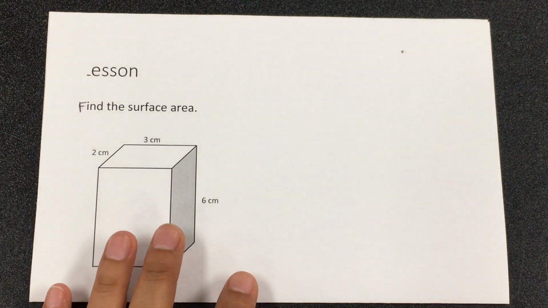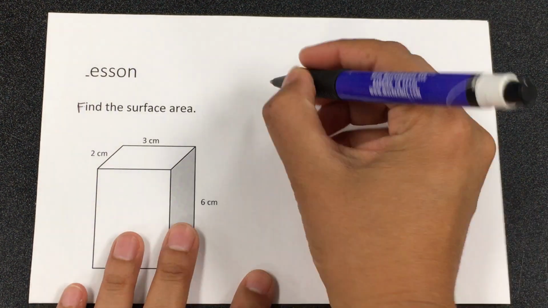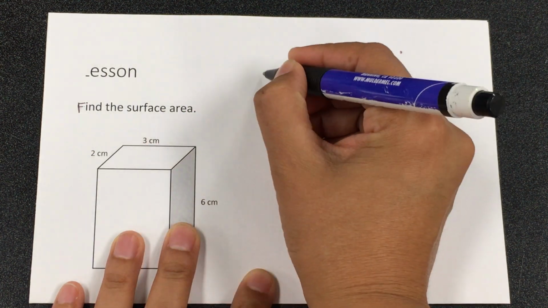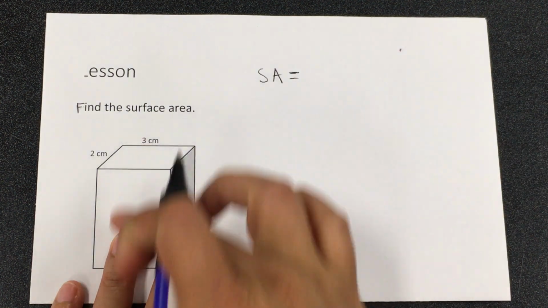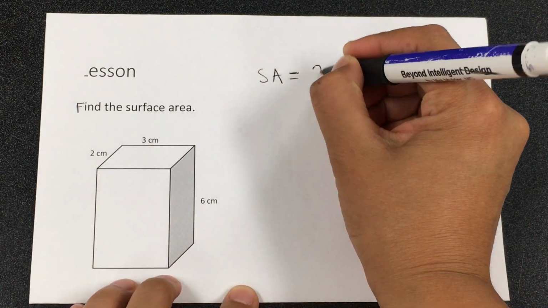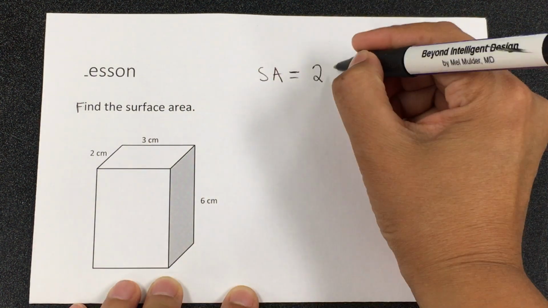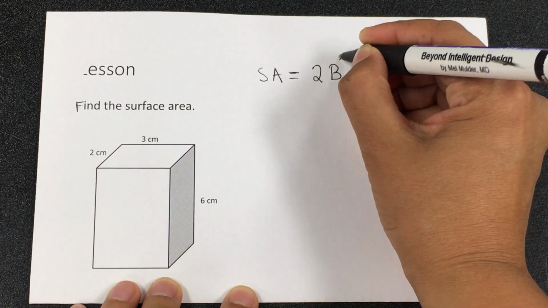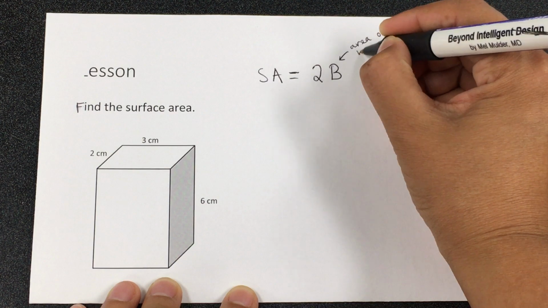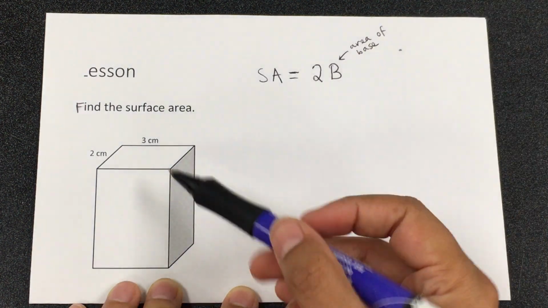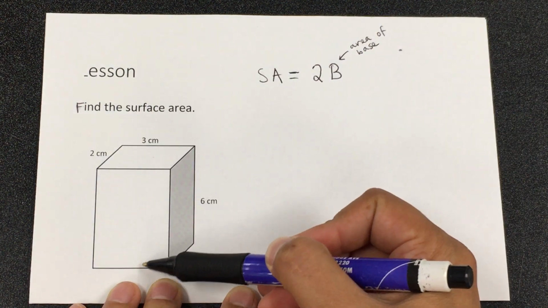So again, as I mentioned before, the surface area is going to be 2 times the area of the base. So this capital B represents area of the base. Okay, and you have 2 because you have the top and the bottom one.